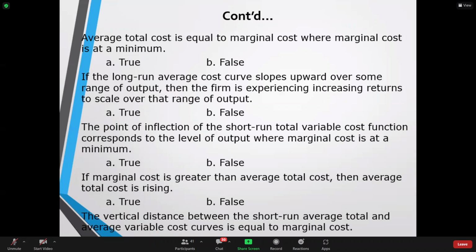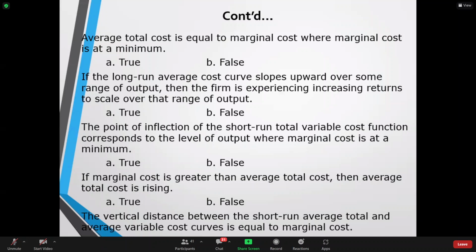When are they intersecting? Marginal cost and average cost intersect at the minimum of the average cost, not the marginal. Read the question properly: where marginal cost is at minimum. Marginal cost takes the minimum before average cost takes the minimum. So marginal is intersecting the average at the minimum of the average.